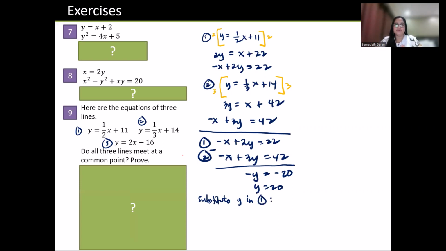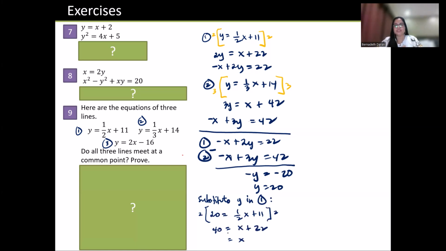So we have 20, that is our y, and we have 1/2 x plus 11. So we're going now to solve for x. We multiply both sides by 2. So we have 40 is equal to x plus 22.